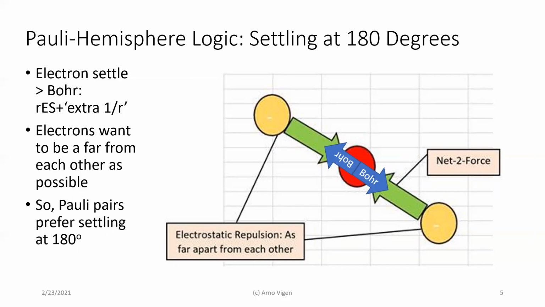Yet, they are still net 2 force attracted to the nucleus and the protons by electrostatic. As a result, electrons and polyhemisphere pairs are always at 180 degrees from each other. Now, this is not in the current textbooks, and part of the difference of how I approach chemistry and physics differently.